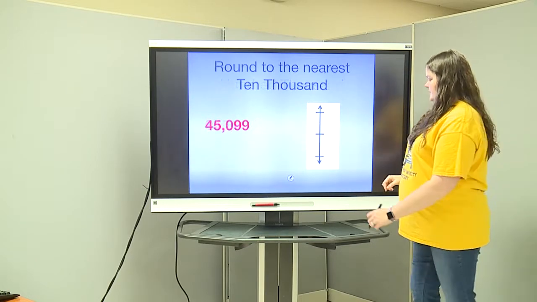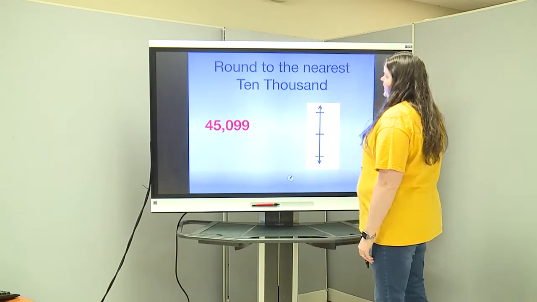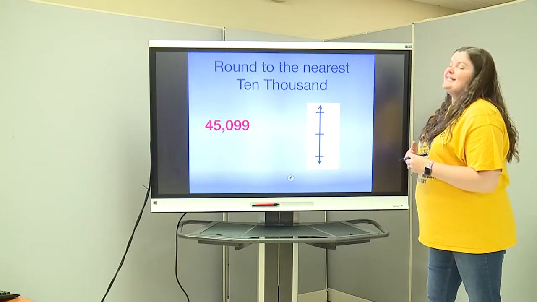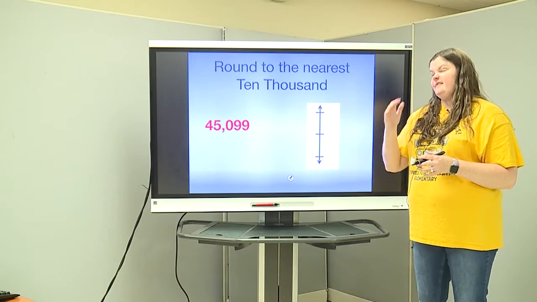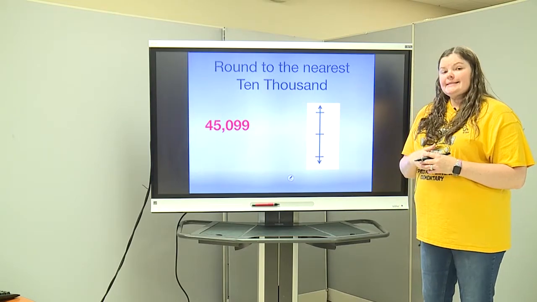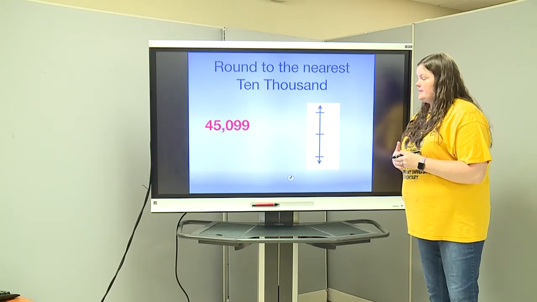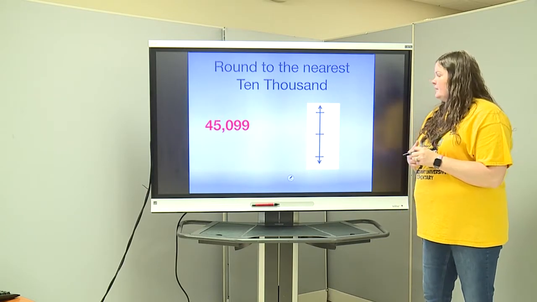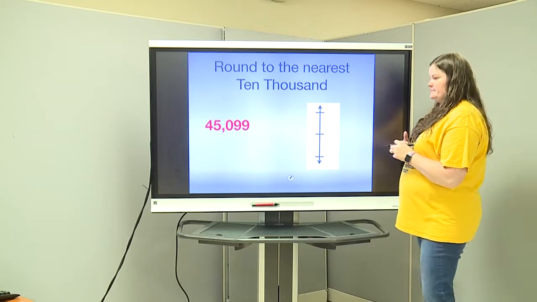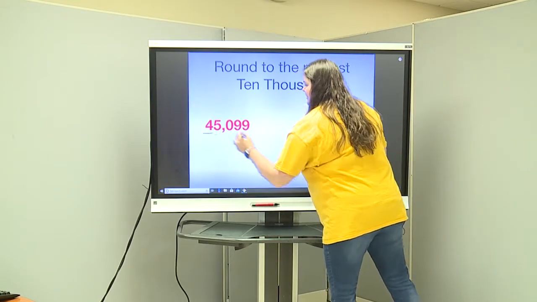All right, let's do this one. This one is rounding to the nearest 10,000. So let's go back to thinking about 10,000s instead of 100,000s. So what digit is in my 10,000s place? I've got 45,099. What's in my 10,000s place? The 4.